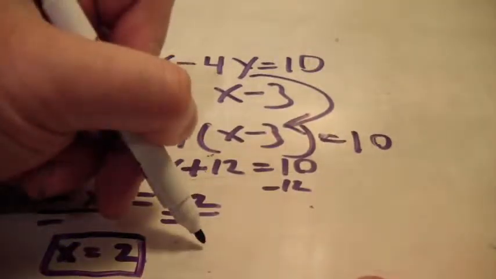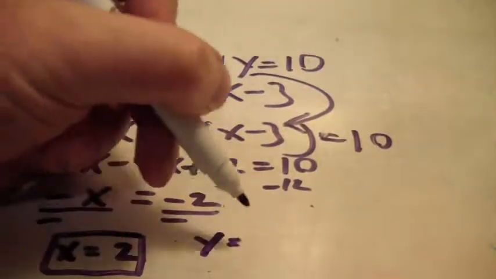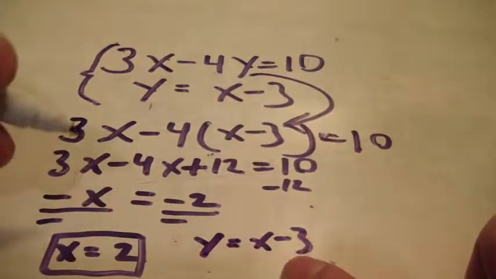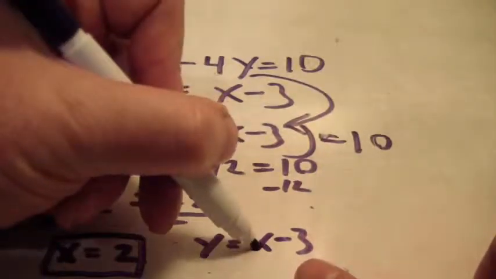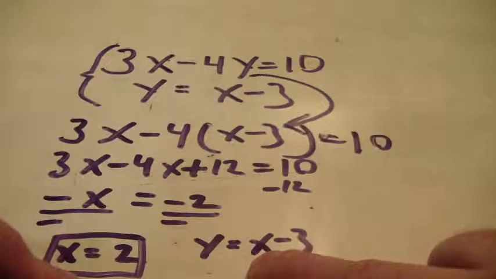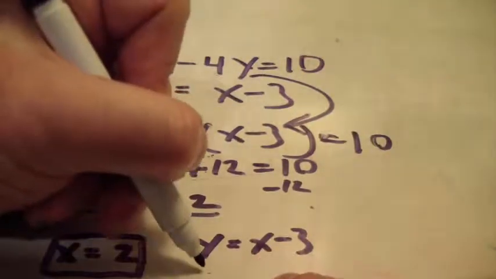So y equals, and we know this is the second equation. Let's simply take that x equals 2, and where x is over here, we put 2, because x equals 2.